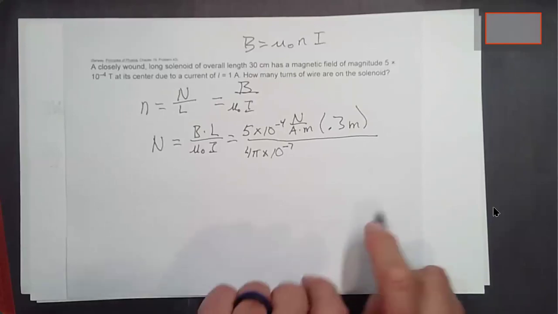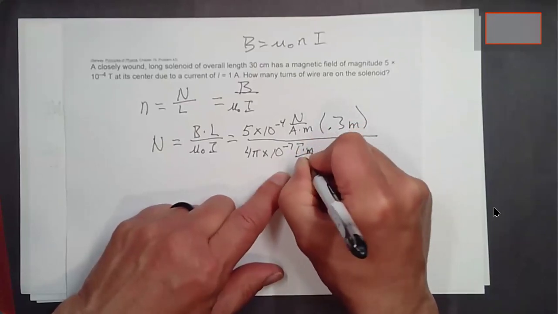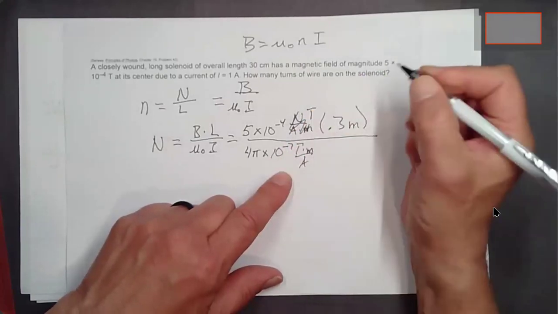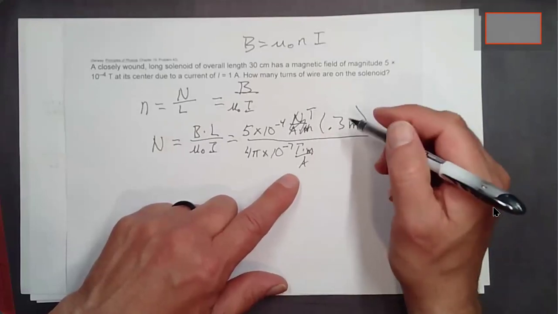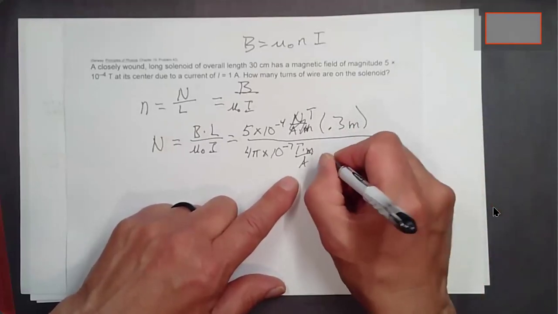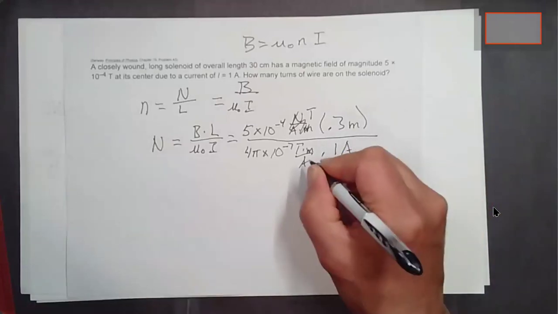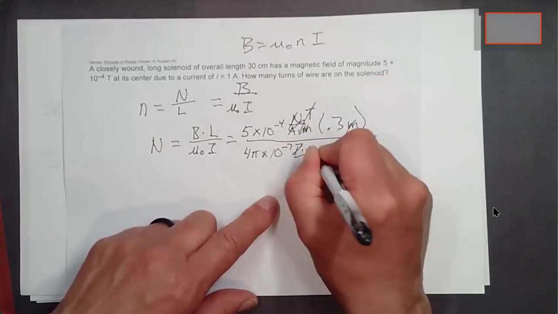Oh, I should have just called this a Tesla then. Okay, so Tesla meters. And I'm multiplying by a current of 1 amp. Yay, units divide out. Well, that was a lot of work.